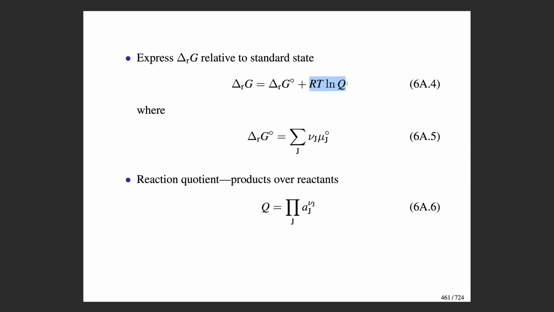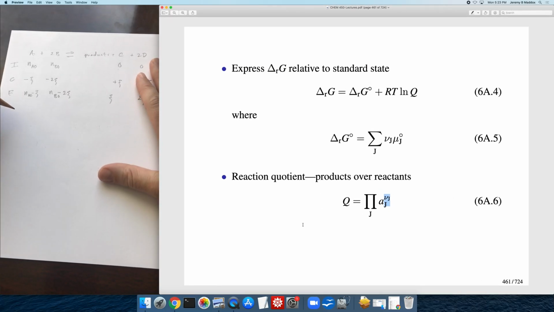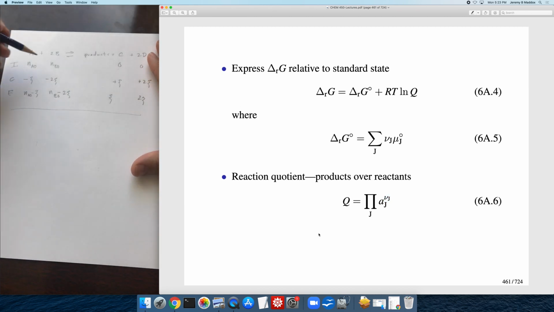The correction factor here involves this reaction quotient, which is a product over the activities of all of the components of the reaction mixture raised to the signed stoichiometric coefficient of that particular reactant or product. You already know how to do this. This is that products over reactants type of approach when you learned about equilibrium constants. So how would I write the reaction quotient for this particular reaction here?